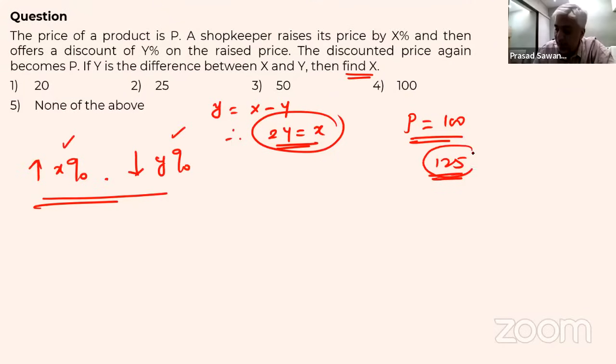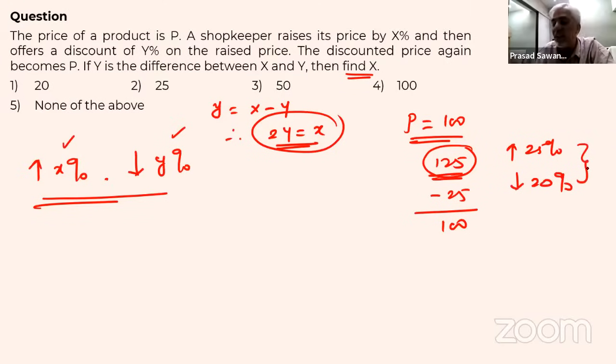So you decrease by 1 by 5 of 125, which is 25, and it goes back to 100. So an increase of 25% and a decrease of 20% gives me the original price again. But it is not satisfying this condition, so I also need to satisfy this condition.